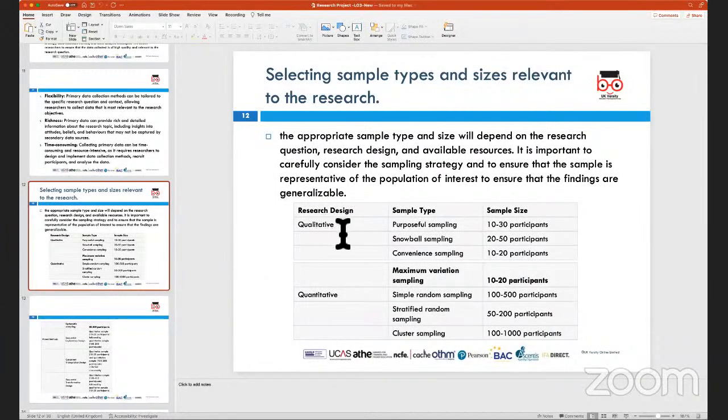When we look at qualitative, this tends to be purposeful sampling, which is about 10 to 30 participants. There is another method called snowball sampling, which tends to be between 20 to 50 participants, and convenience sampling, which is between 10 to 20 candidates.